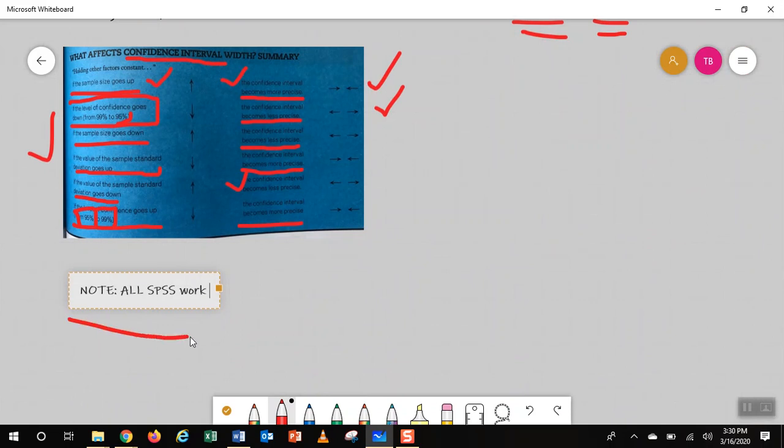And just a note on SPSS work. So for now, as we're trying to navigate not having access to the online classes, I'm going to hold off on any SPSS problems. So if you see one on the homework, I have marked it as 0 points. So it's not going to count anything, right or wrong. And if this closure goes on for much longer, then we'll figure out a way to work around this.